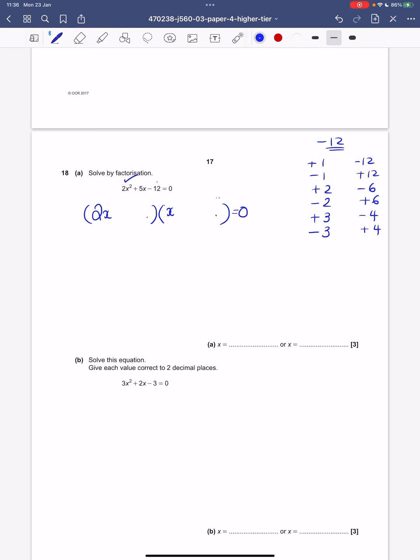So the one here, we want to make minus 12, which is going to be that number times that number. Okay. But this number, when we're working out the 5x, has to be doubled. So order is important with these ones. So basically, plus 4, minus 4, plus 6, minus 6, plus 12, minus 12.